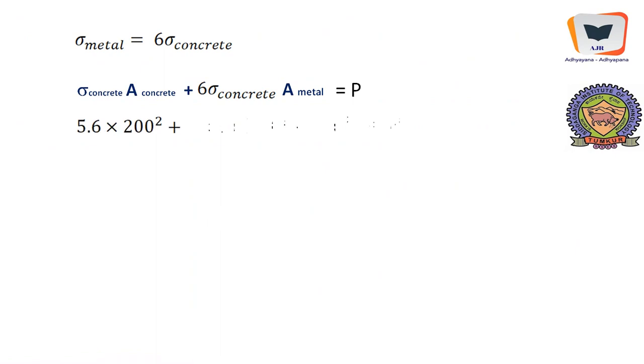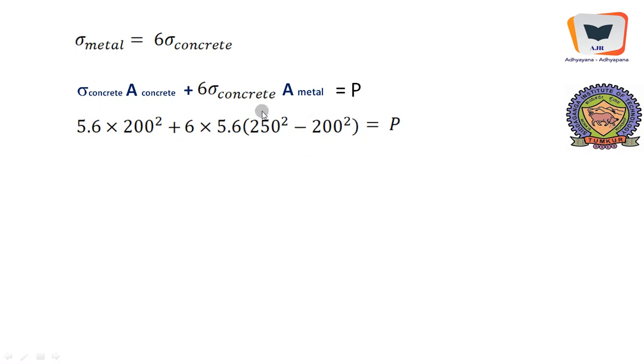And as far as the steel casing is concerned, it is 6 times sigma in concrete into 250 square minus 200 square, the outer dimension of the square box minus the inner dimension of the square box.